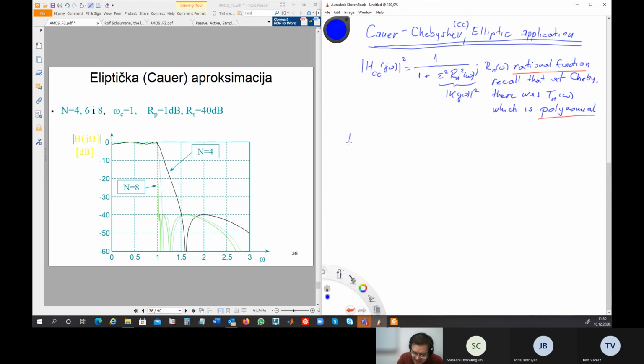A rational function looks like this. We'll very quickly know why. N even, and we have another form for n odd.